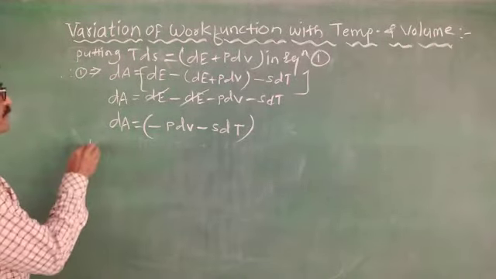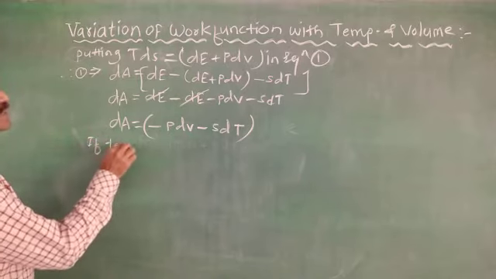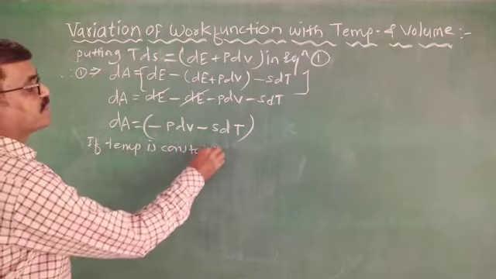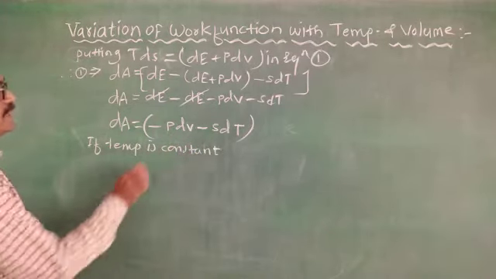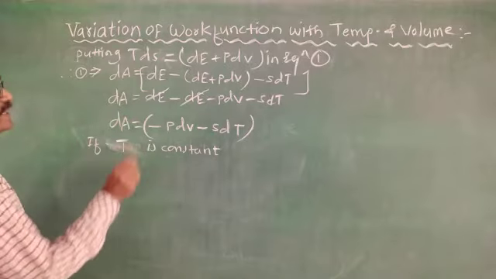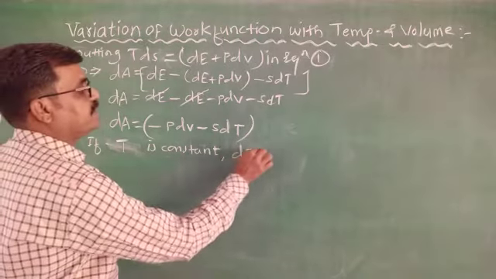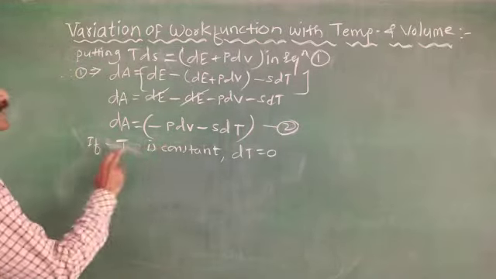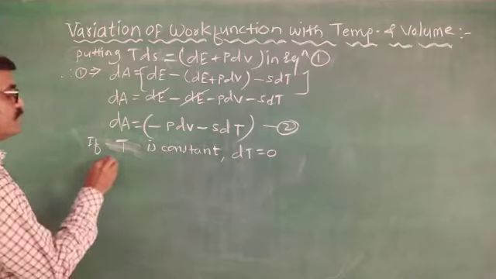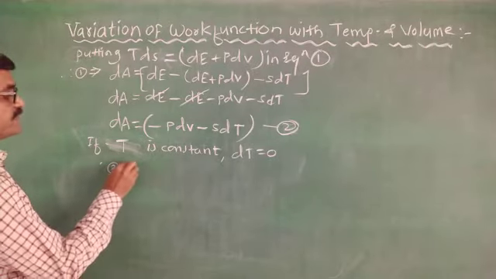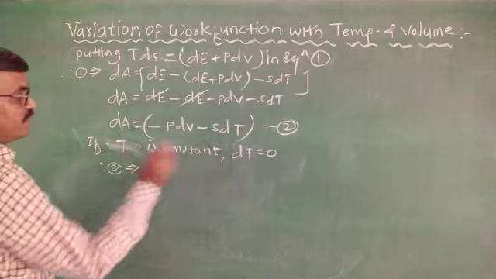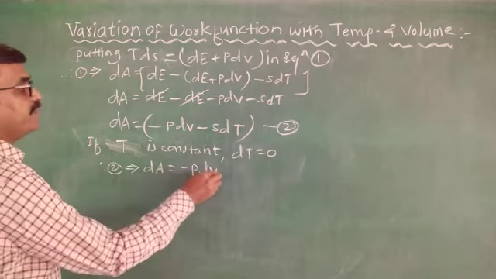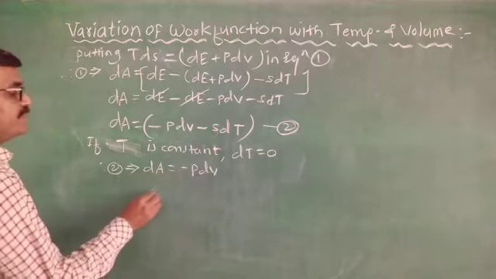Further, if temperature is kept constant, then T is a constant, so dT equals 0. Putting dT equal to 0 in equation 2, it will be dA is equal to minus P dV minus 0, means minus P dV.